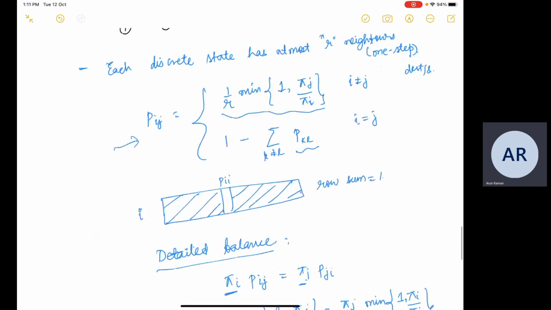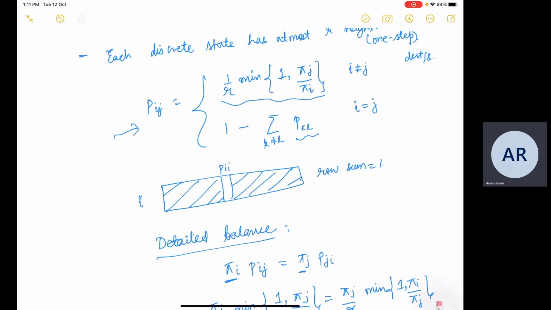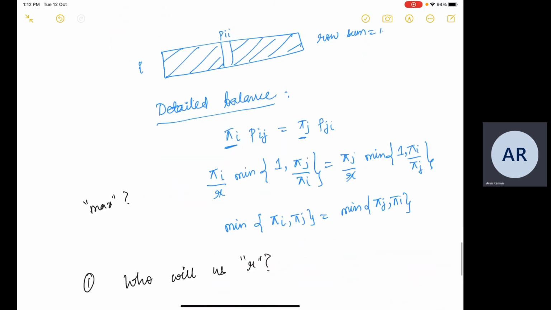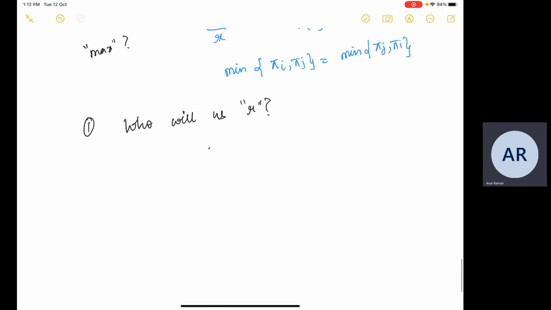But the only relevant point here is that we want to ensure that this quantity is non-negative. Okay, so when we consider 1 minus the sum over k not equal to l of Pkl, and here we have Pkl is 1 by R min of 1 comma pi l divided by pi k.